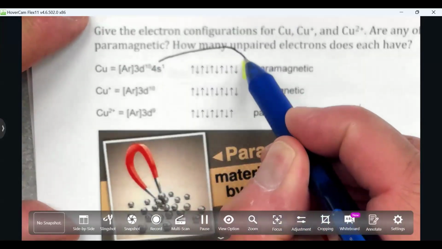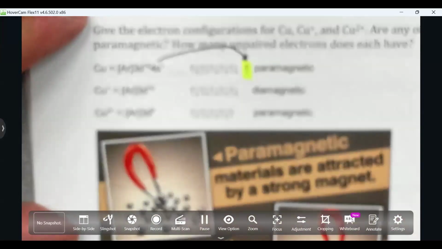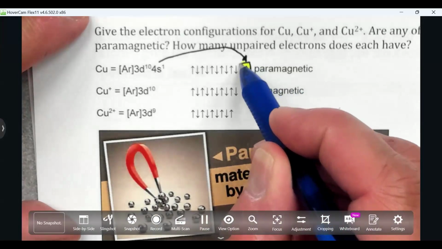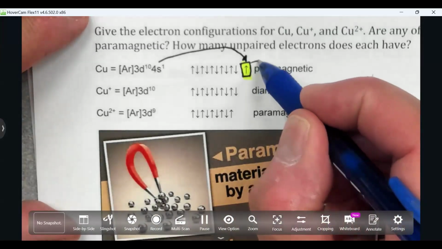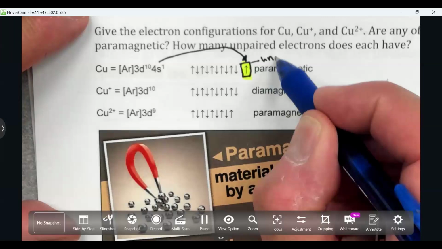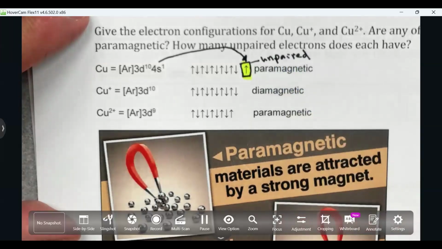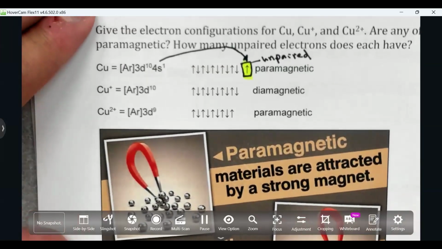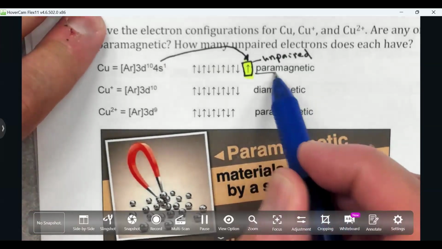This is my 4s1 that's not paired, right? And I guess I should put that in an orbital by itself. Unpaired. So, paramagnetic.